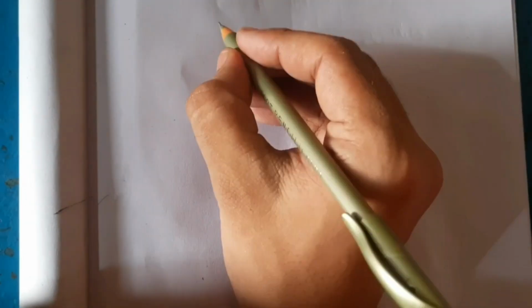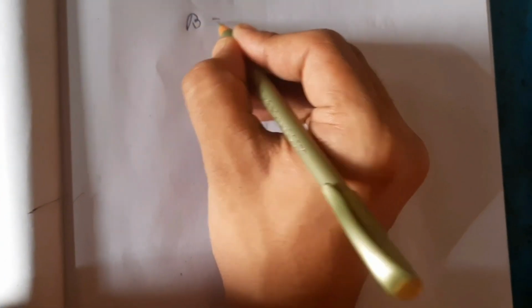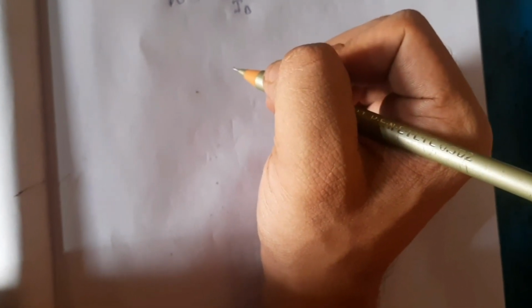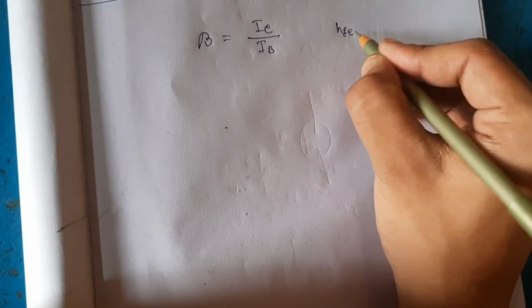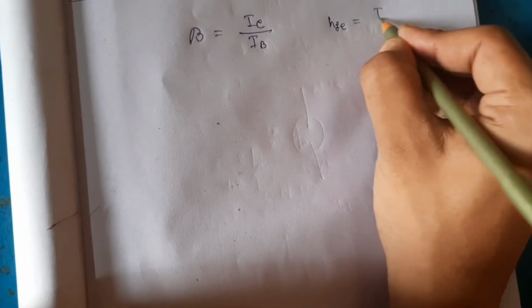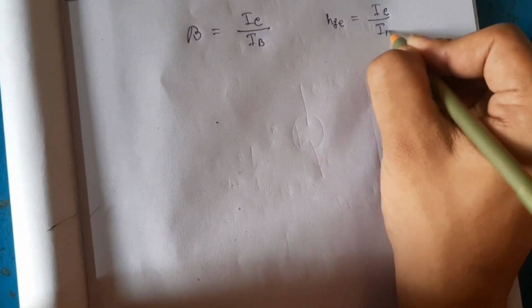From the graph of VCE versus IC for different IB, we can calculate the value of beta. Beta is equal to IC by IB. What is beta? In the multimeter, we also call this HFE. What does HFE mean? HFE also means IC by IB.